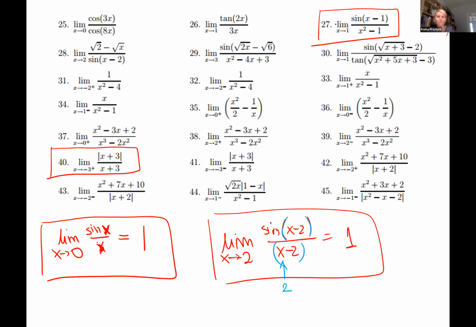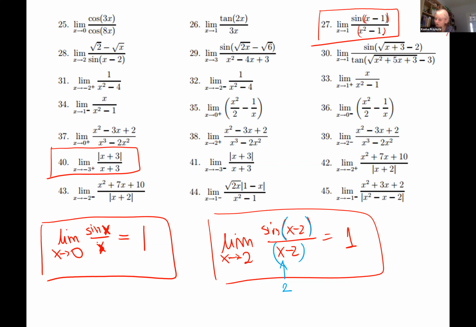For example, number 27. Okay, 27 is a really nice limit, actually, covering that concept. We have the limit as x goes to 1 of sine of x minus 1 over x squared minus 1. At the moment it is sine of 0 over 0. But these quantities, x minus 1 and x squared minus 1, are not exactly the same.